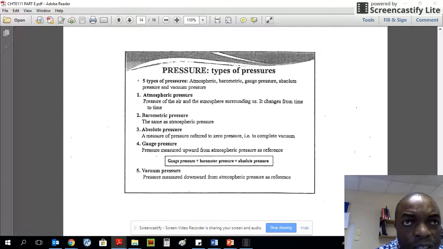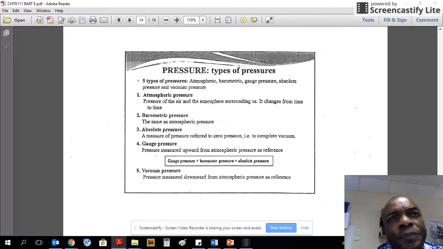Now atmospheric pressure is not constant, it changes from time to time depending on temperature and so on. Now, in calculations, we assume that atmospheric pressure is equal to 100 kPa or 1 atmosphere.